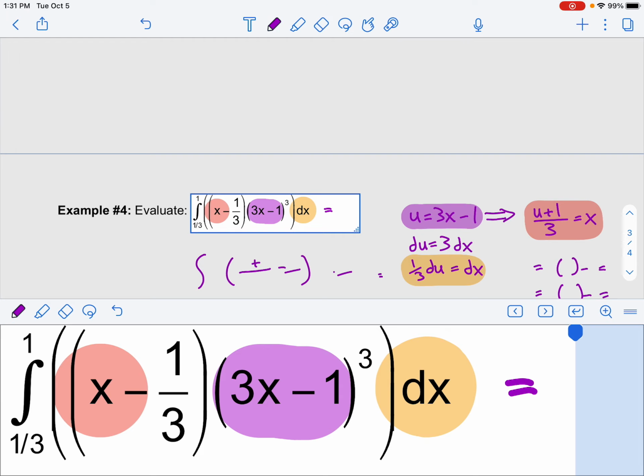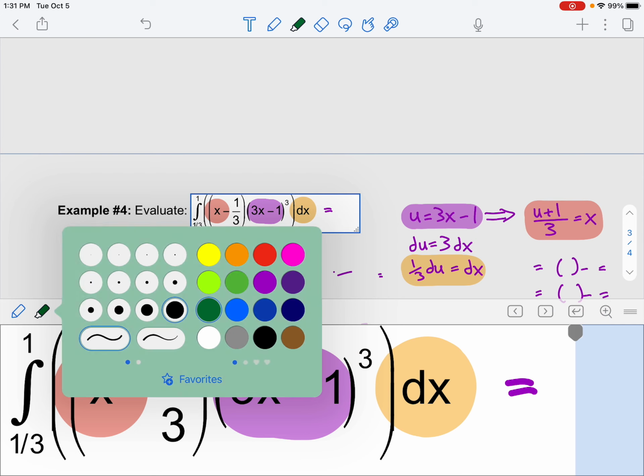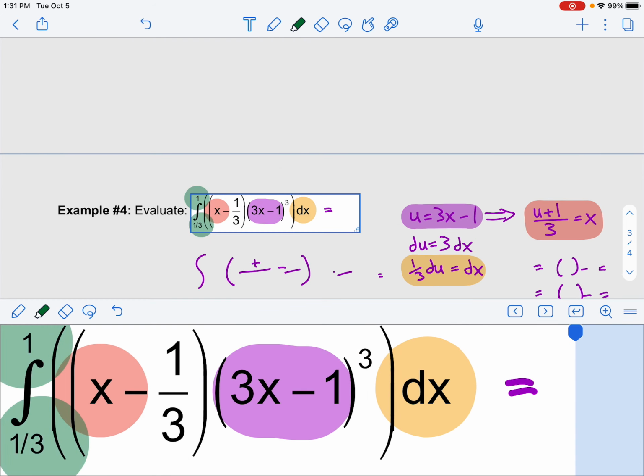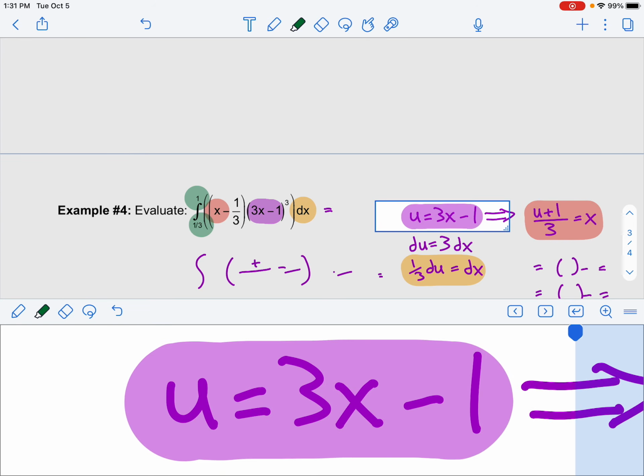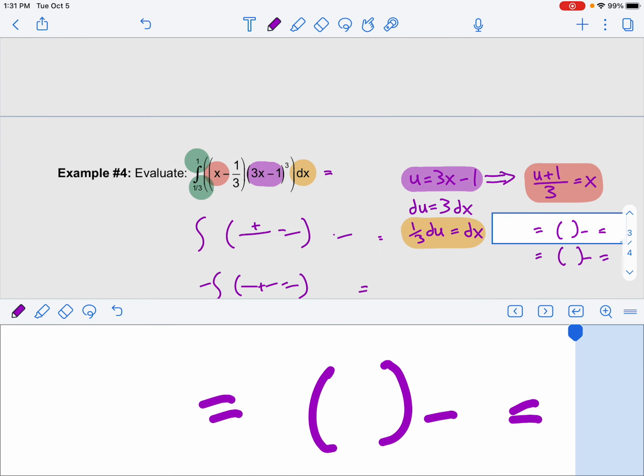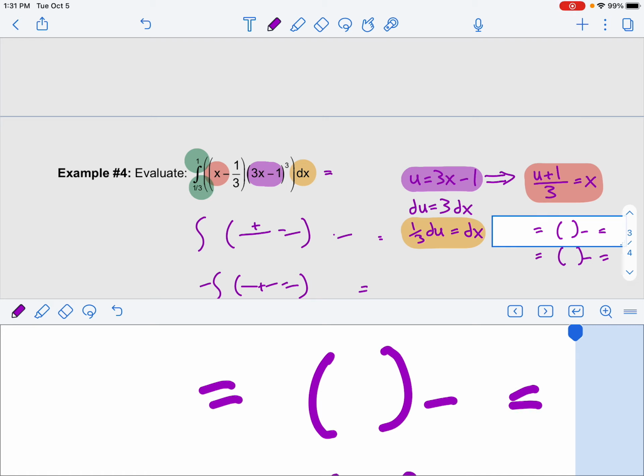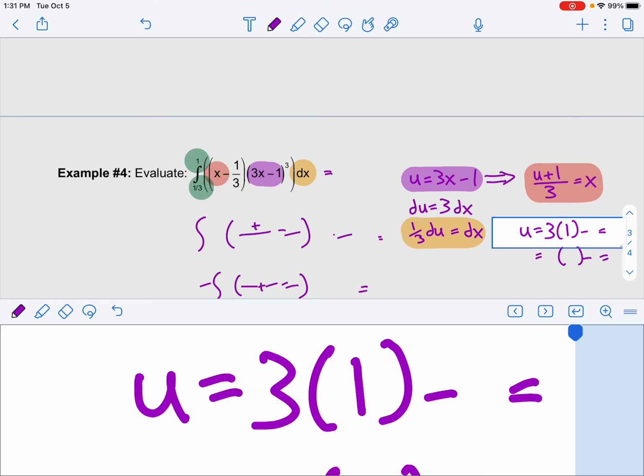Okay, and then the last thing I need to substitute for are my limits of integration. So I have 1 and 1/3. Remember, these are in terms of x, so I'm going to plug them into my formula for u. So I'm going to get that u is equal to 3 times my upper limit of integration, which is just 1, so 3 times 1 minus 1 is going to give me 2.